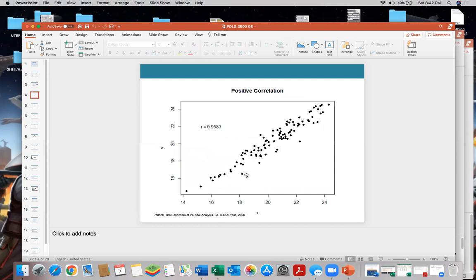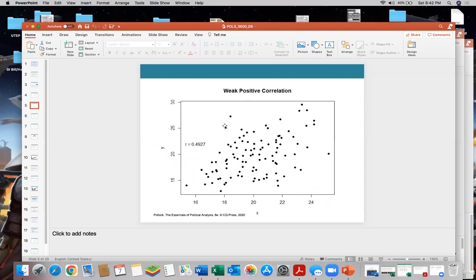Here's an example. With correlations, there are also strong and weak versions. We'll see some of these graphs quickly. So a positive correlation of 0.95 is a really strong positive correlation because it's closer to 1, and you can see that it goes up like that.